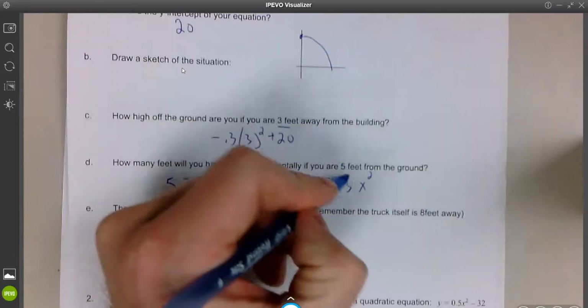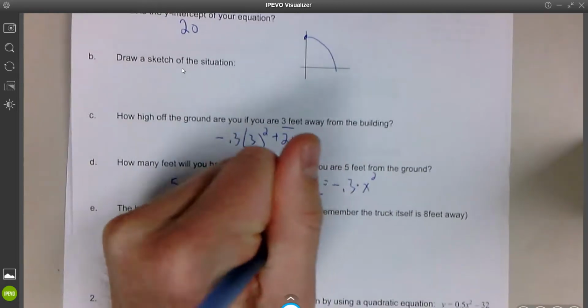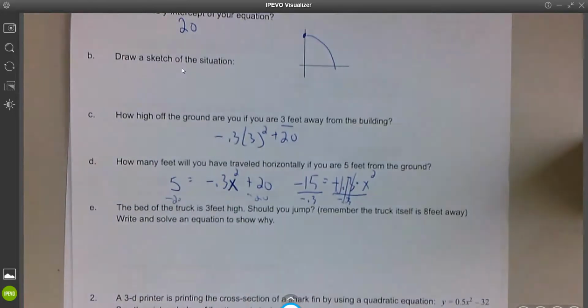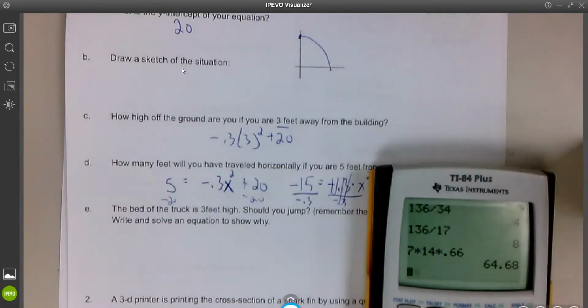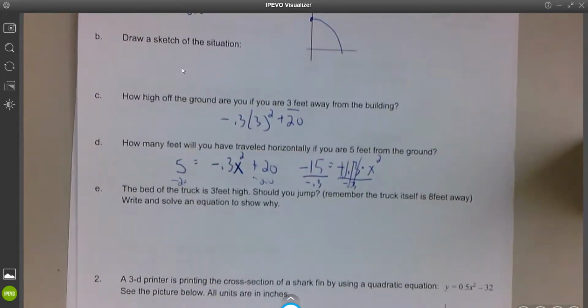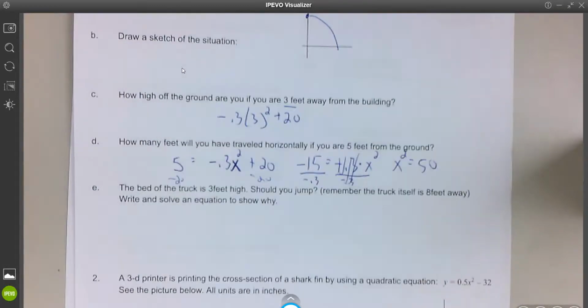This is multiplication. This says times negative 0.3, so I'm going to divide both sides by negative 0.3. Negative 15 divided by negative 0.3 leaves us with just 50. So X squared equals 50.